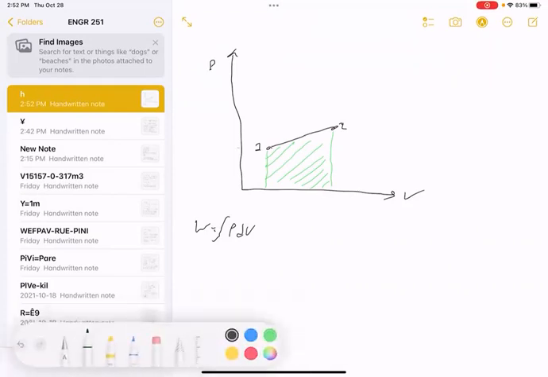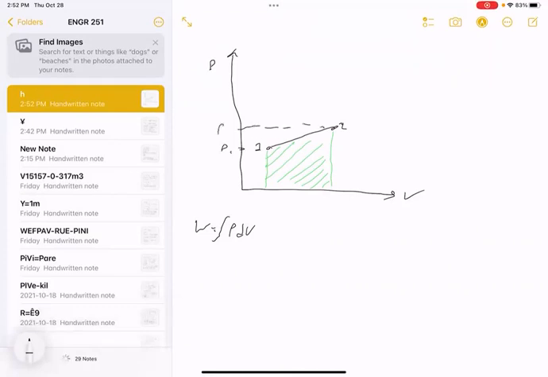So that's pretty simple. This is pressure 1, this is pressure 2, this is volume 2, and this is volume 1. So we know it's a trapezoid. If we look at this sideways a little, maybe it's clearer. The area of this trapezoid is big base plus little base times height divided by 2.